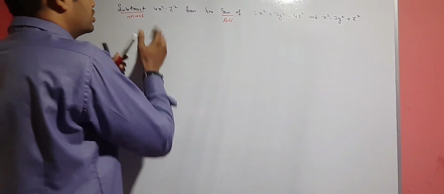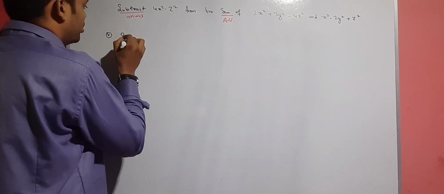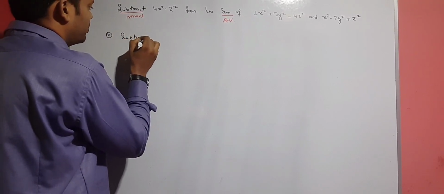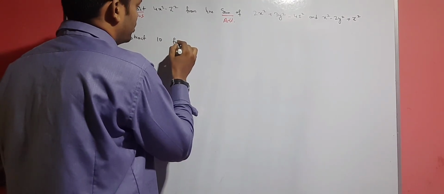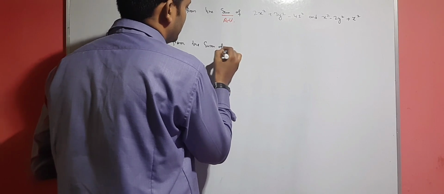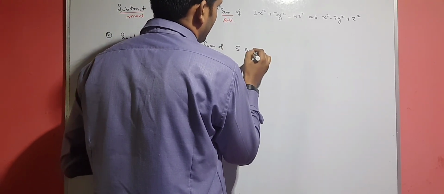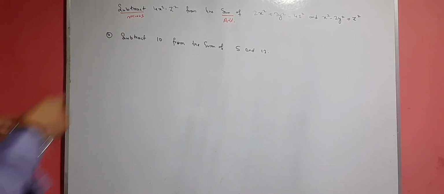So for example, I'll make it very simple. Subtract 10 from the sum of 5 and 12. So what do you have to do?